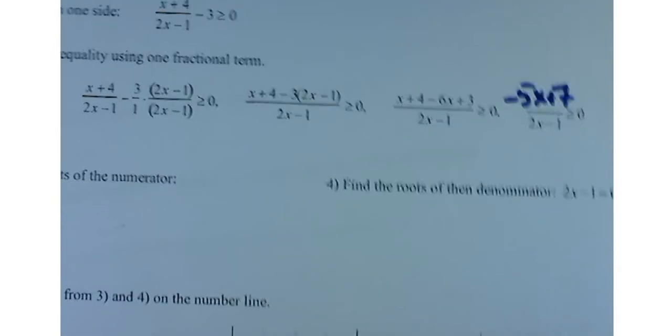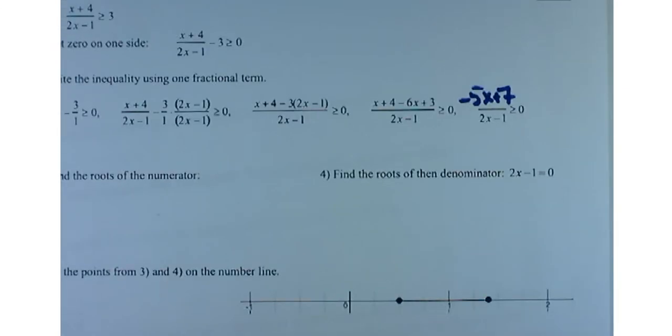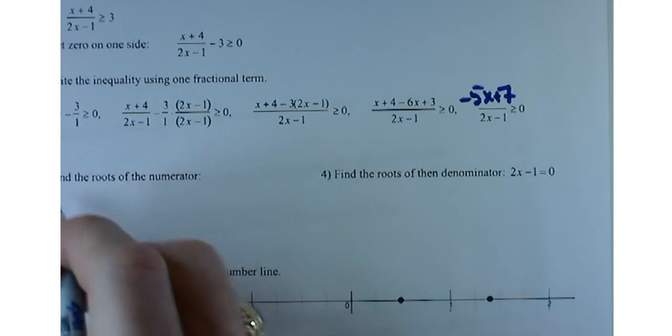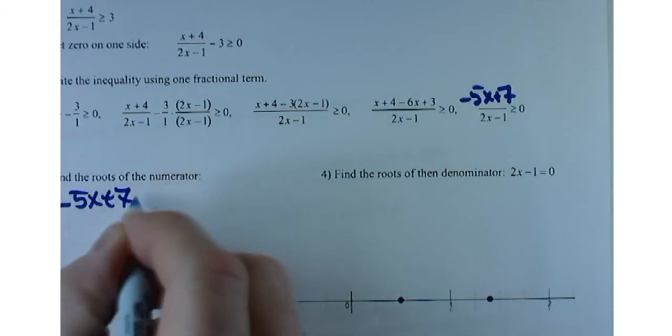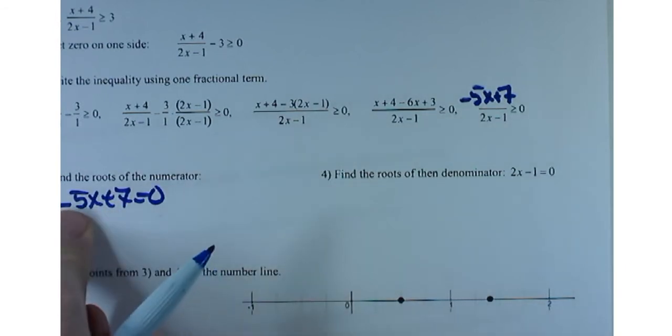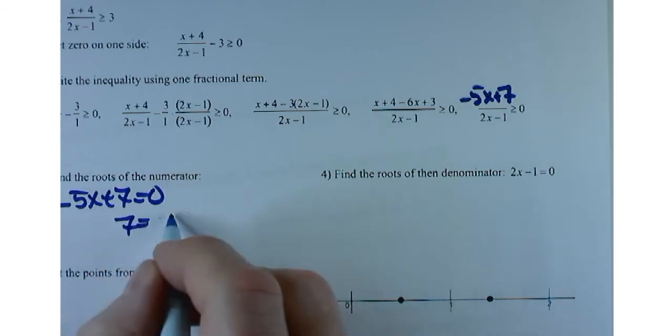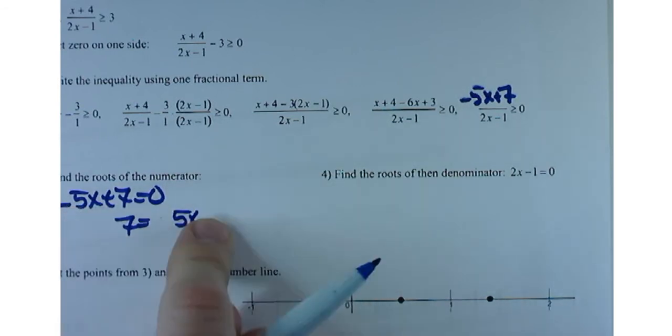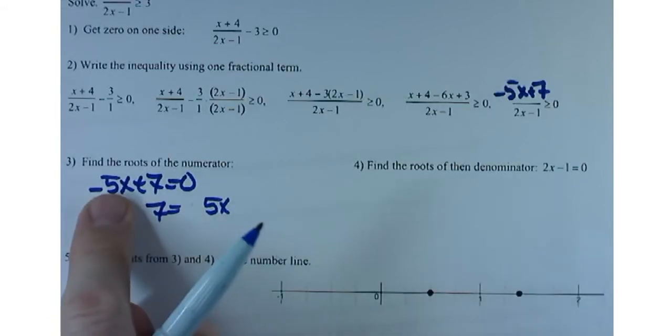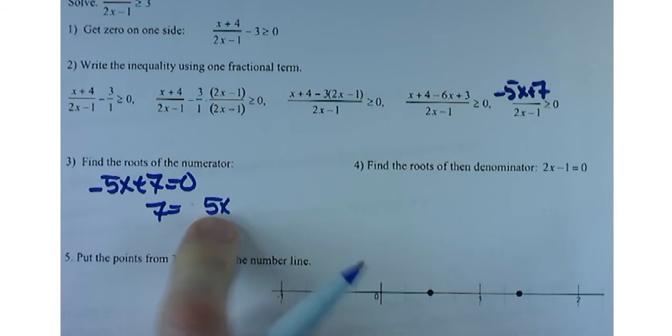So roots of the numerator, well, that's going to be where negative 5x plus 7 equals 0. I'm going to move the 5x to the other side just out of my own convenience. Can anyone tell me why? Why would I move the 5x over? Why not just move the 7? By changing sides, it changes signs, so I get rid of the negative.